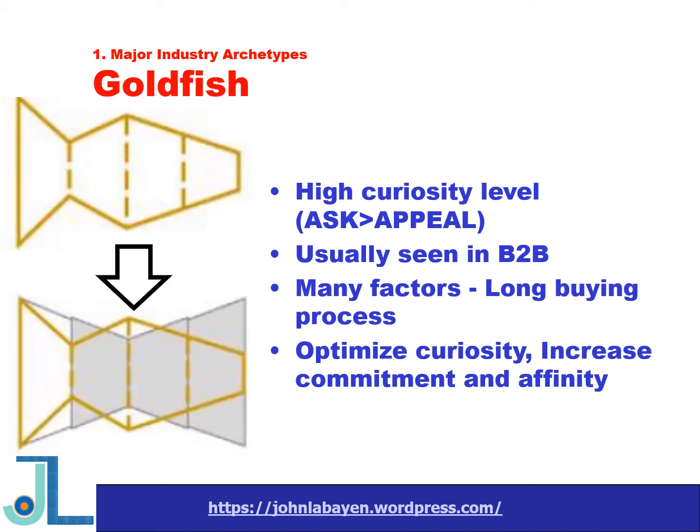Benefit and cost comparisons are also a major step in the customer path, reflecting the high degree of ask. Improving this archetype entails the hardest work among all brands because it needs improvement in customer commitment and affinity levels and optimizing their curiosity levels. Marketers in B2B sectors face tough challenges because they deal with generally savvy customers.